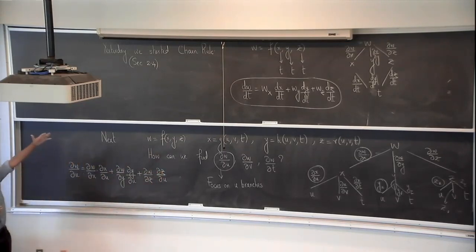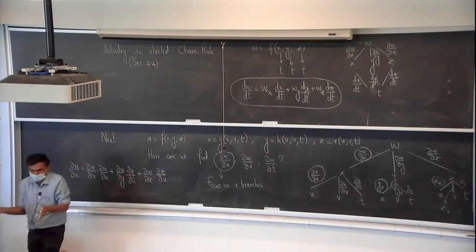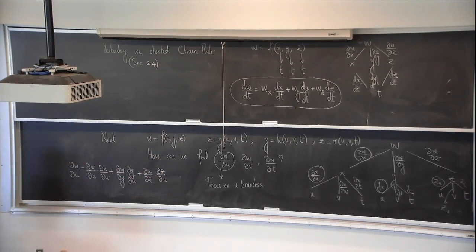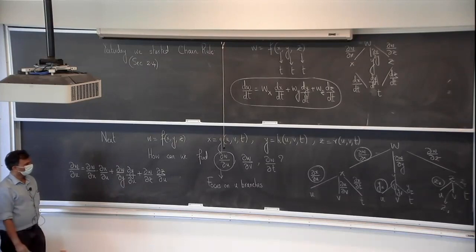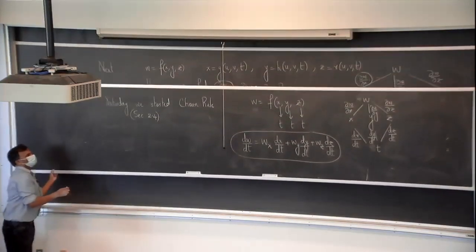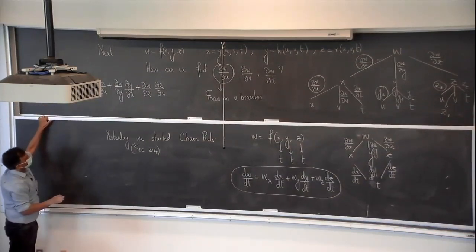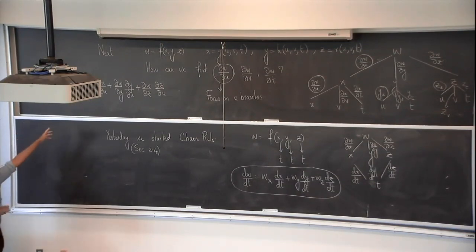All we are doing is replacing the t in the previous case with u, right? That's all we are doing here, except that these are all partial derivatives because this is a multivariable function. So multiply downwards, add rightwards. So what is the cleverest way of finding w with respect to v? What changes?